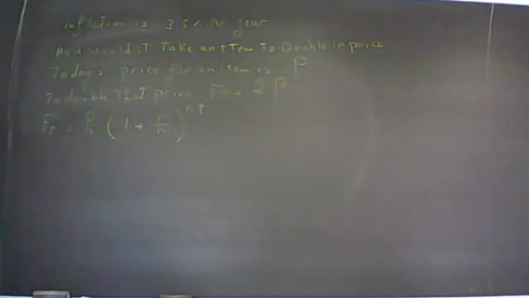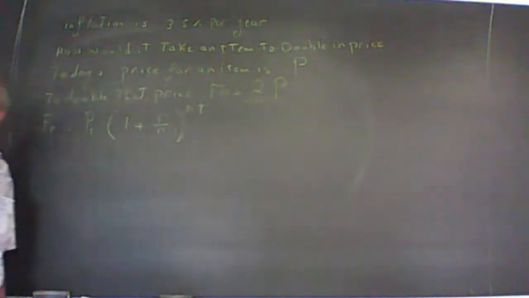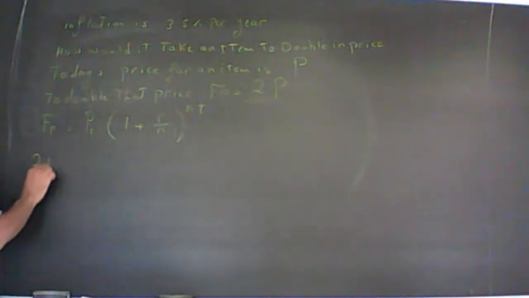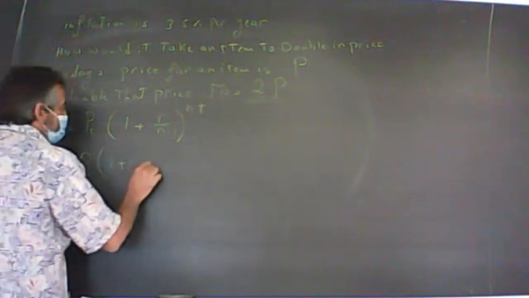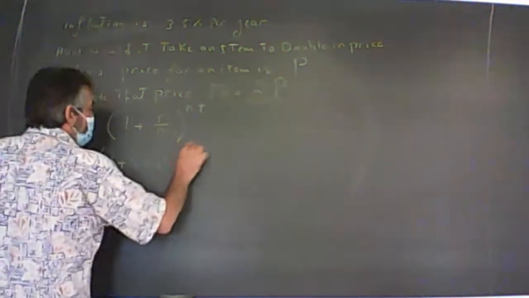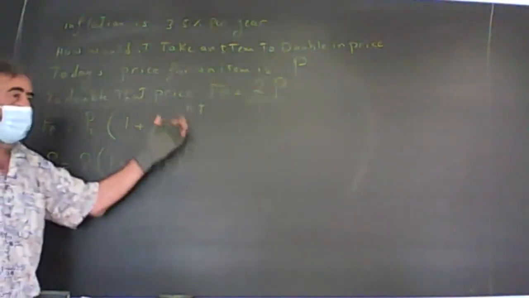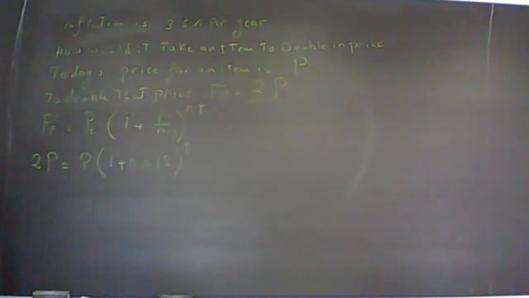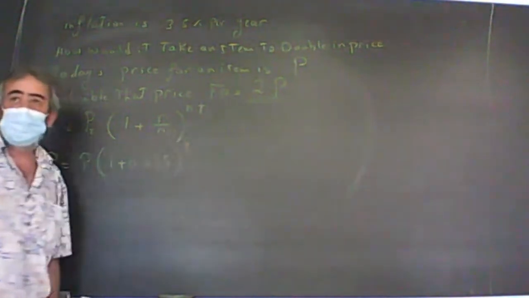Let's go ahead and substitute our numbers. So future price is 2P. So 2P equals P times 1 plus 0.035 to the power t. Because again, n is 1, so nt would be t.